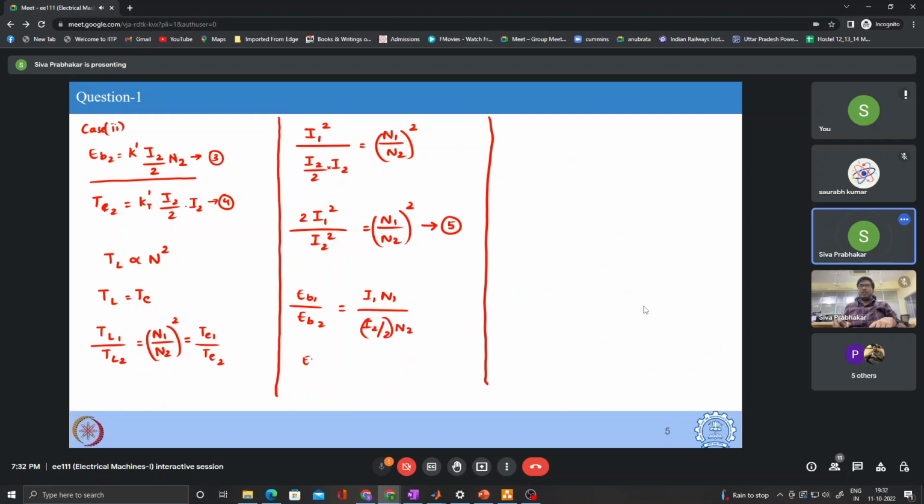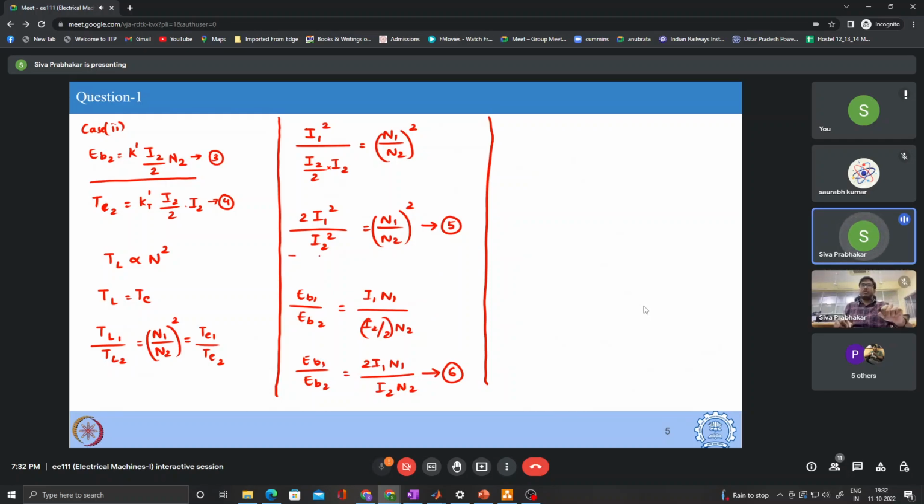So EB1 by EB2 equal to 2I1 N1 by I2 into N2. So this is our equation number 6. So is there any doubt till now? I have just substituted these things in fractional form.